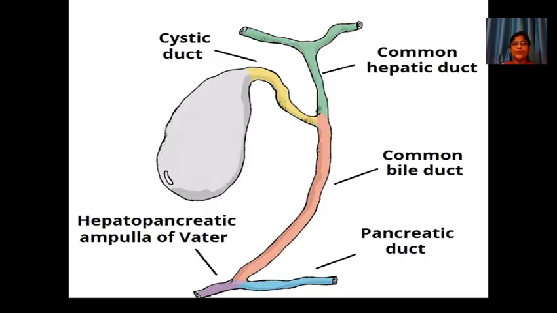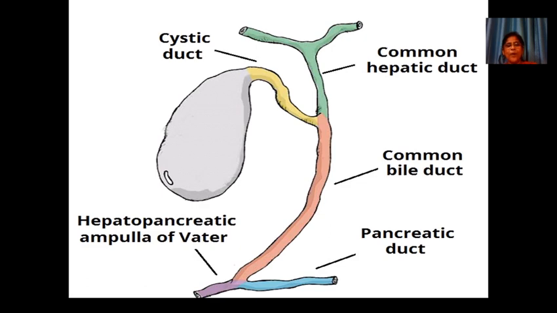And see the beautiful image which gives you a good idea about this bile duct. Okay, see, this is the right and left hepatic duct, which unite and form the common hepatic duct. This common hepatic duct, by the union of this cystic duct from the gallbladder, forms the common bile duct. This pink one is the common bile duct.